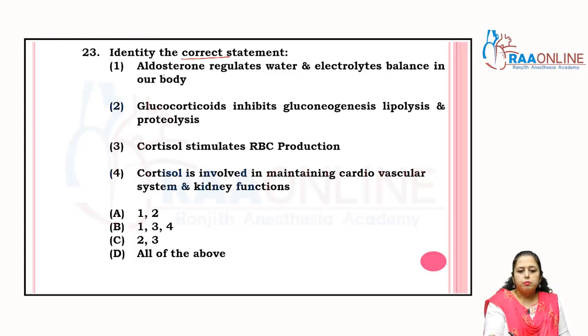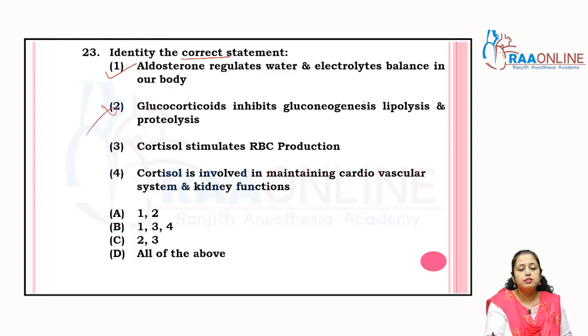Identify the correct statement. Aldosterone regulates the water and electrolyte balance in our body. Exactly, that's why they are called the mineralocorticoids, right? Also known as the salt retaining hormone. It absorbs the sodium and eliminates the potassium, and when it absorbs the sodium, then water automatically is absorbed, right? Glucocorticoids inhibit the gluconeogenesis, lipolysis and proteolysis. No, that is wrong.